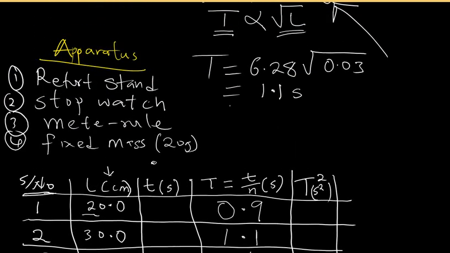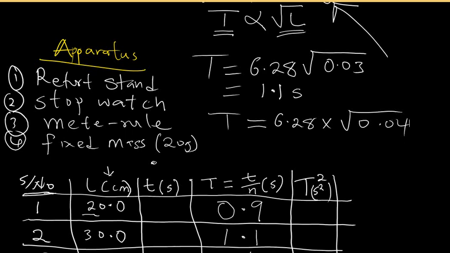Next reading, L is 40 cm. T is going to be equal to 6.28 times the square root of 0.04.